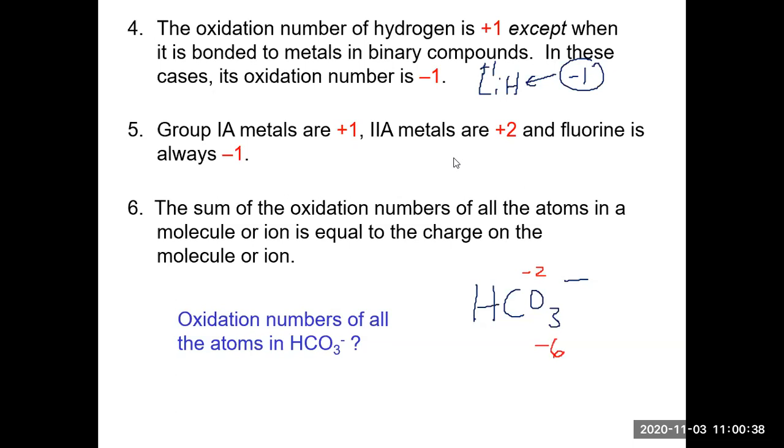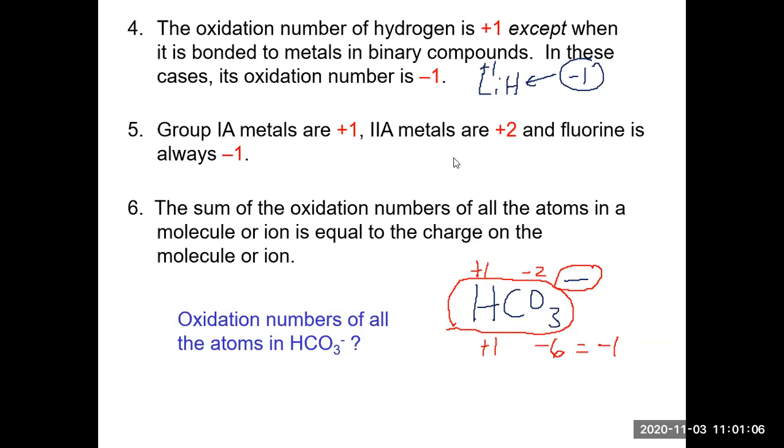Then you usually should go to the other side, leaving the guy in the middle for the end. So hydrogen is going to be +1 as its oxidation state. Now, this entire bicarbonate has an overall charge of -1, which means when we add up all of our oxidation numbers, it does need to equal -1.